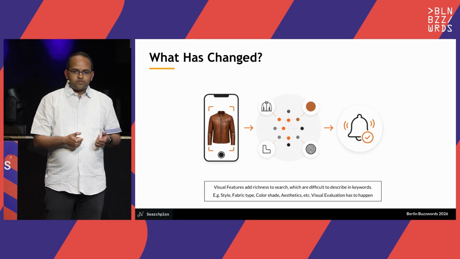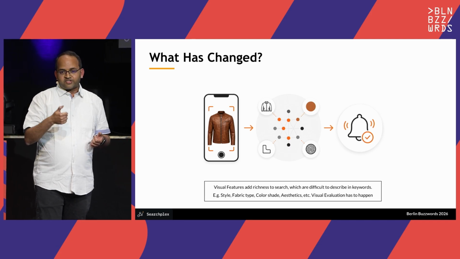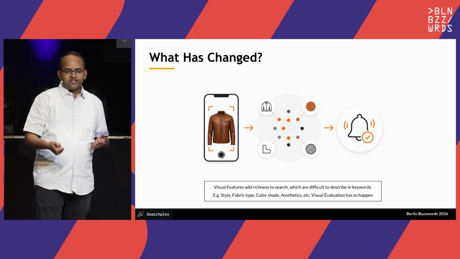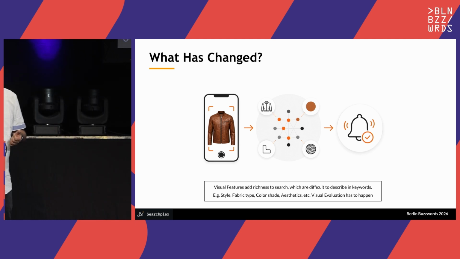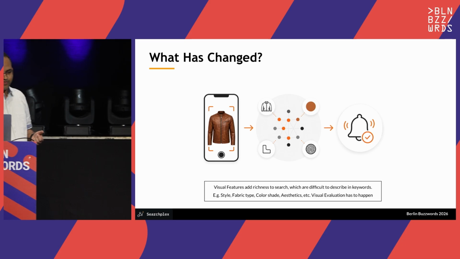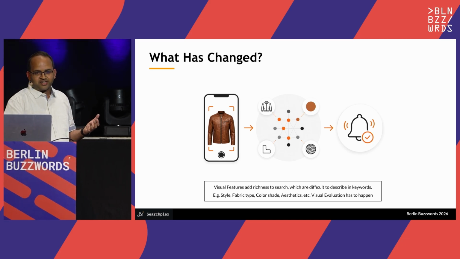You want to be able to be alerted. If you can search with images, you also want to be alerted on the images. So that's the change. And it captures richness which is tedious to describe by words, right? Like the fabric, the style, and things like that.